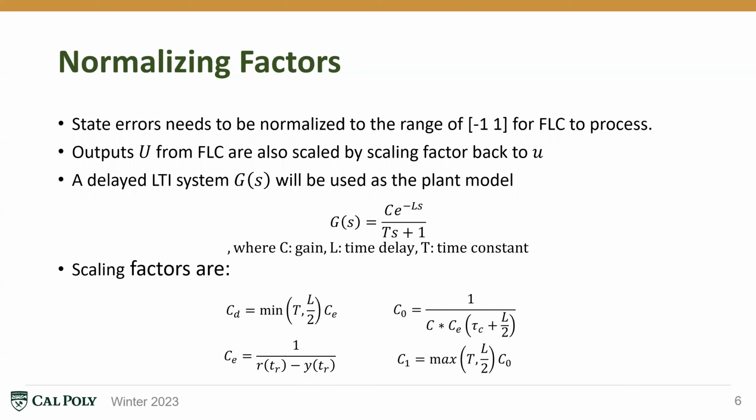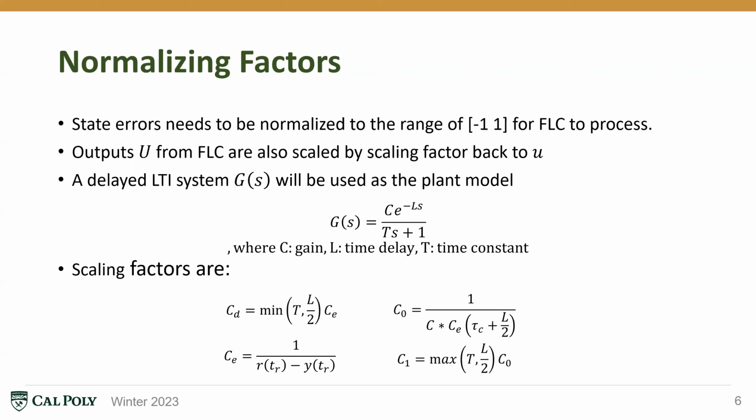So in order to pass in those errors to the fuzzy logic, we have to normalize those state errors into the range of -1 to 1 for the FLC to process. And those factors are defined as below.